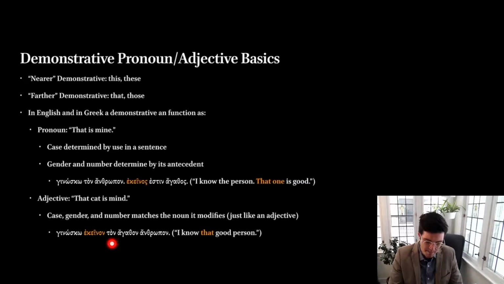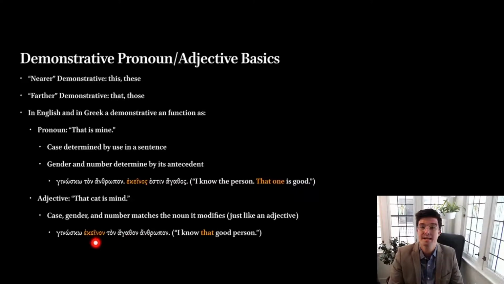So the object of our sentence is this whole phrase here from ekeinon to the end, and this part should be very familiar to you. The good person. So here we have an adjective in attributive position with the article directly before it, modifying anthrōpon. So notice how agathon matches anthrōpon in case, gender, and number because it's an adjective directly modifying this.